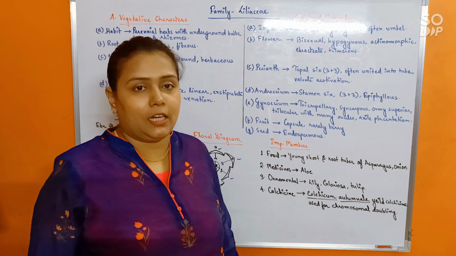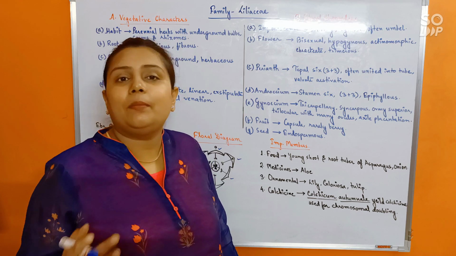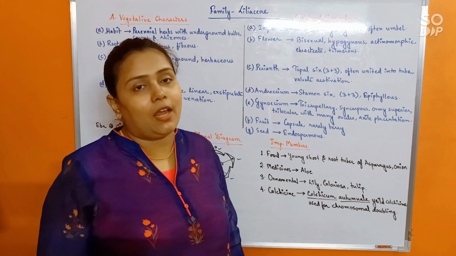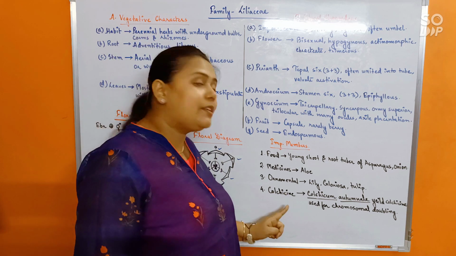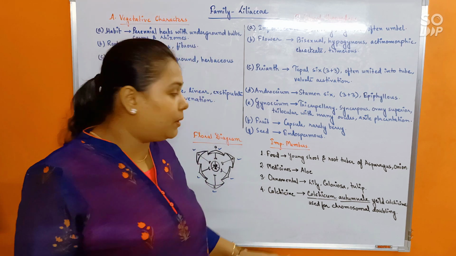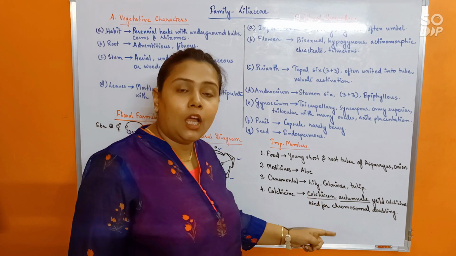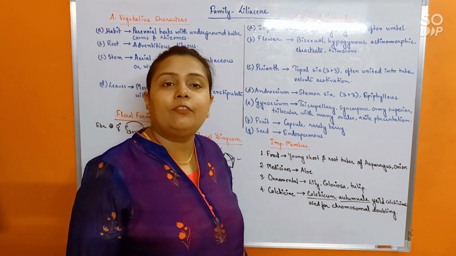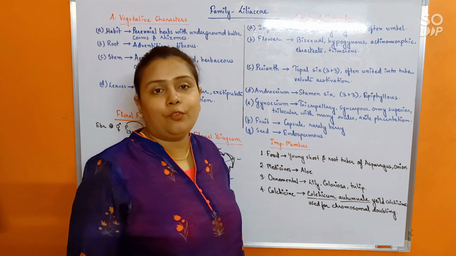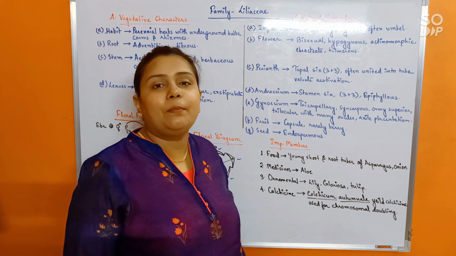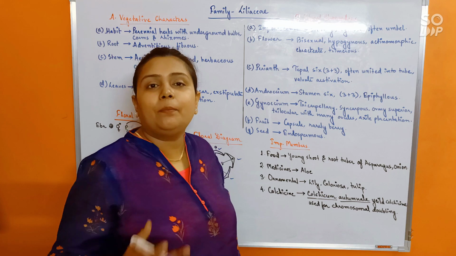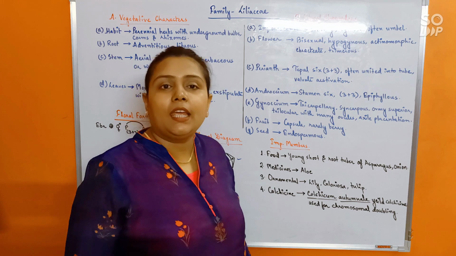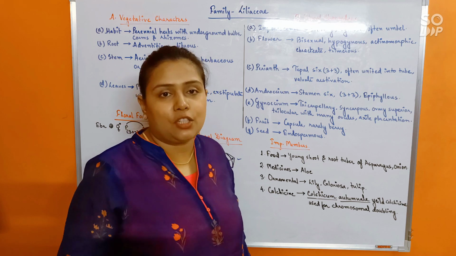There I'll make it clear to you, because then you will be able to understand it much more easily. For now just try to remember that colchicine is a chemical that is extracted from the plant Colchicum autumnale, which is used for chromosomal doubling, making a plant have more than 2 sets of chromosomes. That can be very useful regarding plant breeding programs. You will learn it eventually in detail in later chapters.